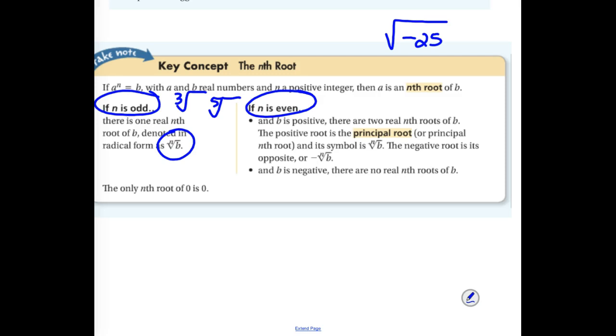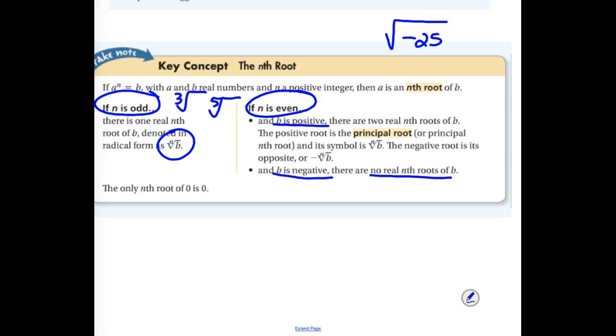In this chapter, we are focusing on real roots. Okay? So, if b is a negative number, and we're asking you to take an even root of it, you're going to say there's no real roots. Okay? There are imaginary ones, but there's no real ones. If we are taking an even root of a positive number, we are actually going to get two answers out.